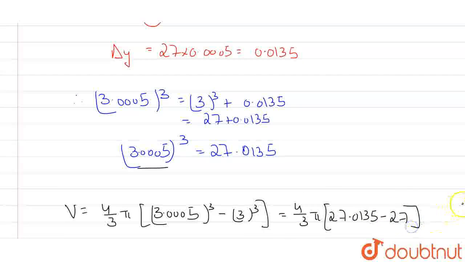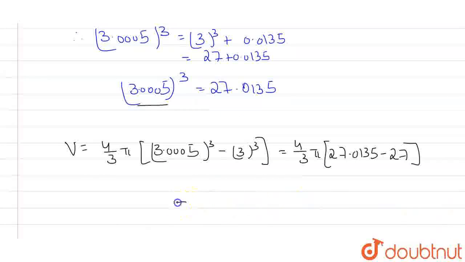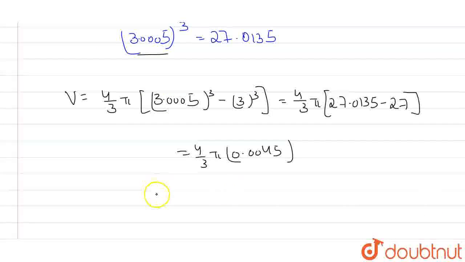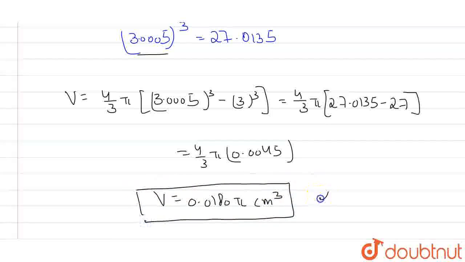So basically the answer we will get is 4 by 3 pi of 0.0135, which is 0.0180 pi. What is the unit of volume? Exactly, cube. So the volume will come out as 0.0180 pi centimeter cube. This is our answer we are looking for.